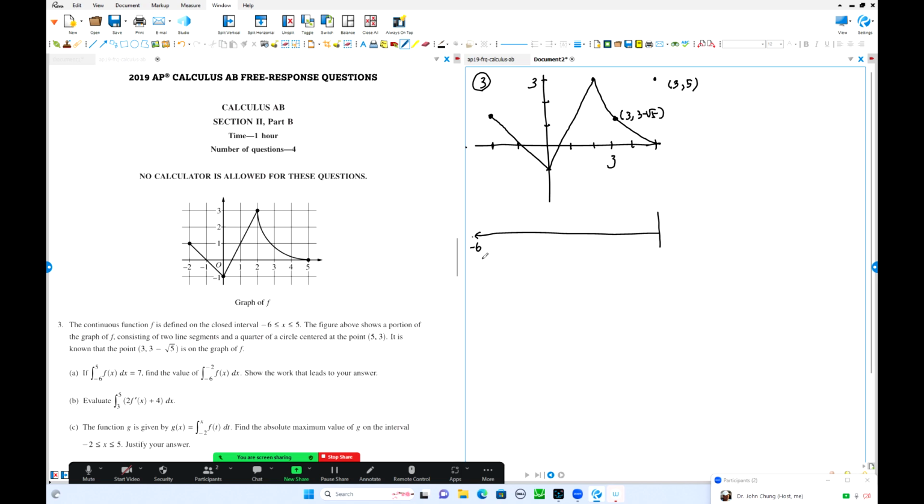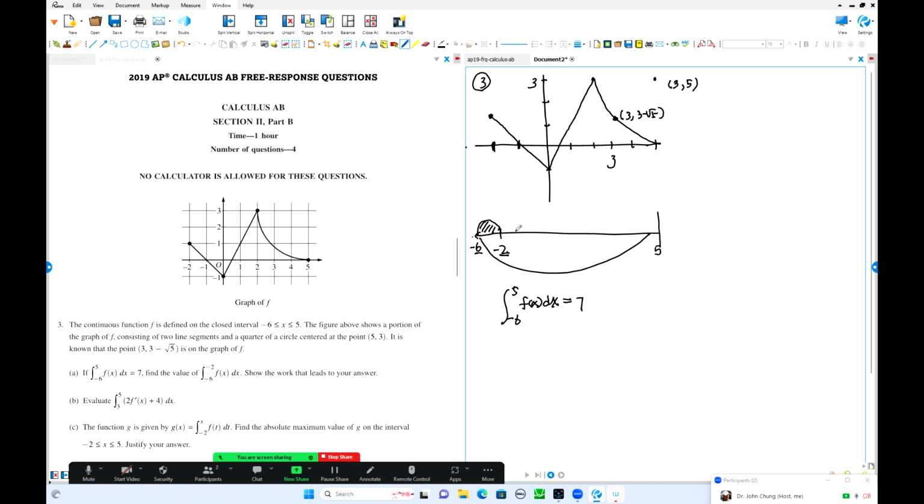Negative 6 to negative 2, up to here. This is negative 2. What is the area of this side? Altogether the area from negative 6 to 5, integral f of x dx, is the entire graph, equal to 7. But you're going to find some area between negative 6 and negative 2.